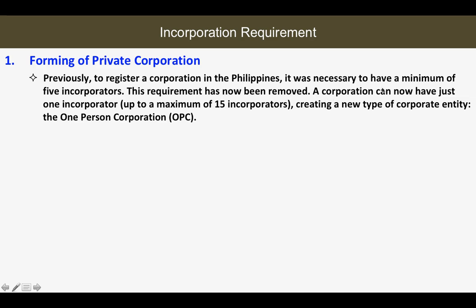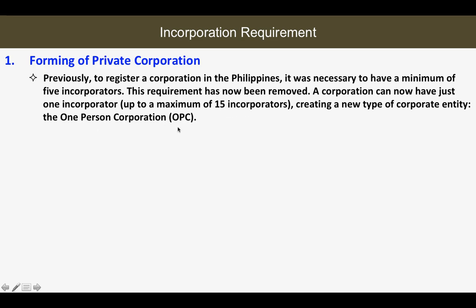A corporation can now have just one incorporator, but up to a maximum of 15 incorporators, creating a new type of corporate entity, the one-person corporation.